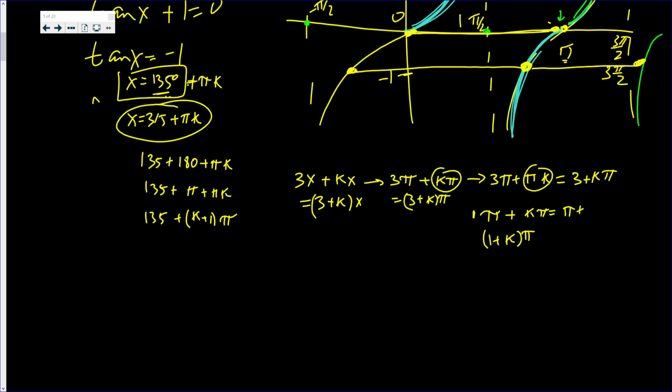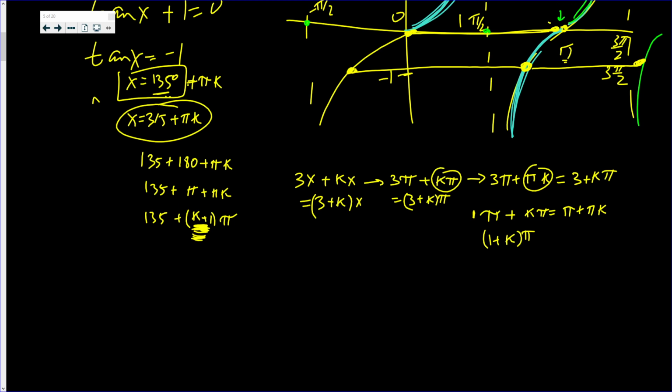Whether I write k pi as k pi or pi k. But this is still any integer. I can get this to be 0, let k be negative 1. I can get this to be 1, let k be 0. I can get this to be 17, let k be 16. I can get this to be negative 9, let k be negative 10.